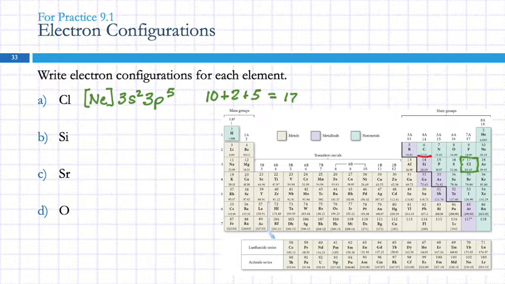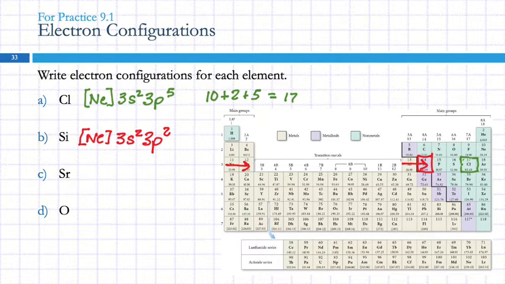So silicon's over here. So again, going up to the previous level, neon is at the end. And then we're going to come in here, 3s2, and 3p2.